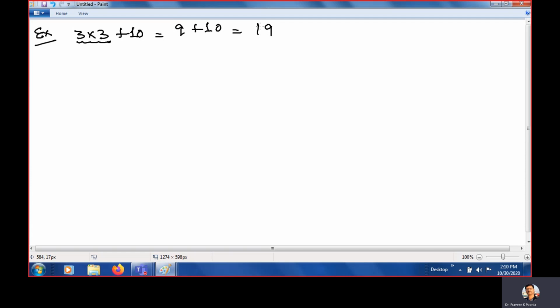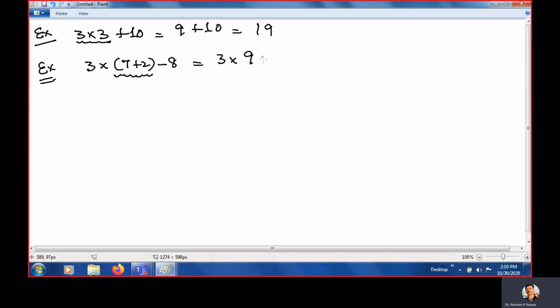Very simple. Clear? Another example I will take here, like 3 times bracket 7 plus 2 minus 8. So what did we tell you? We told you first we will solve the bracket. Bracket is given. 7 plus 2 is 9. What is written outside? No, we are not concerned. We are focused on the bracket.